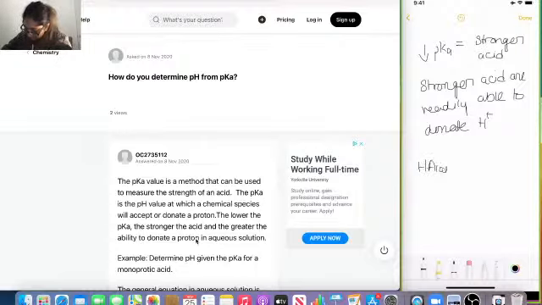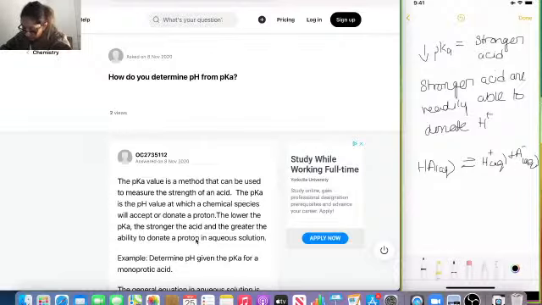HA in aqueous. So this is an equilibrium equation, and so when the acid dissolves in solution, it becomes an H plus and an anion.